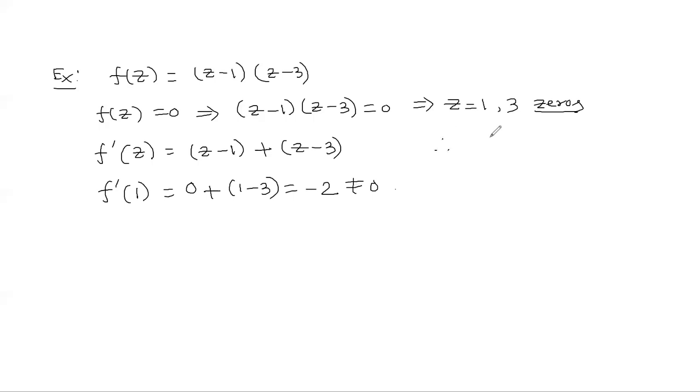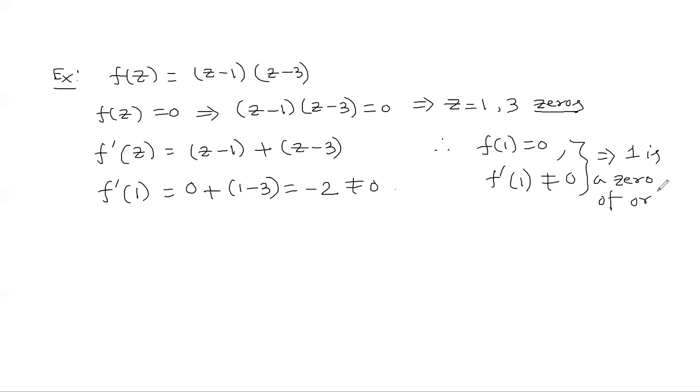So here we are getting f(1) equal to 0 and f'(1) is not equal to 0. So from here we can say 1 is a zero of order 1, or we can say this zero is called a simple zero. Whenever we have a zero of order 1, we say this to be a simple zero.